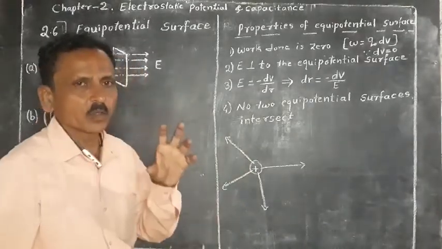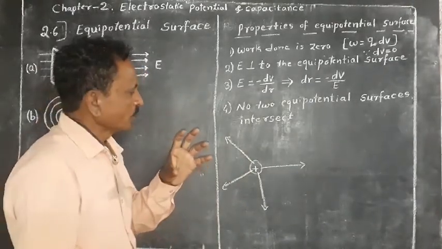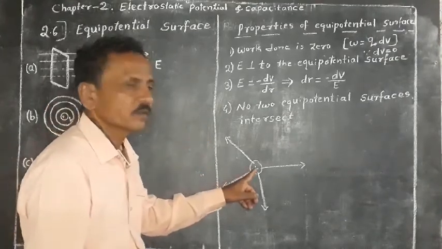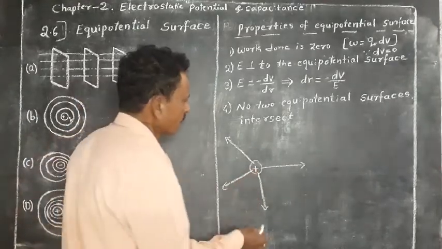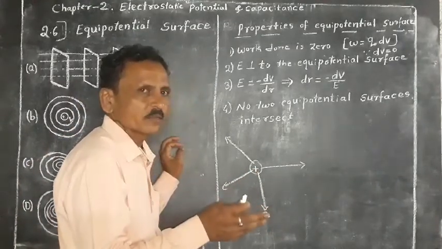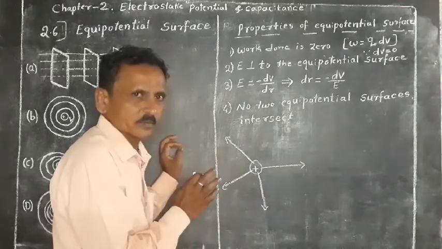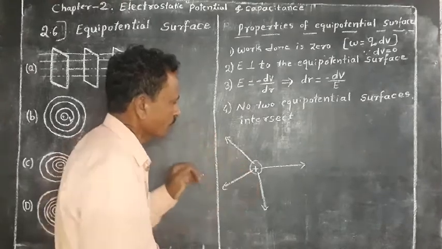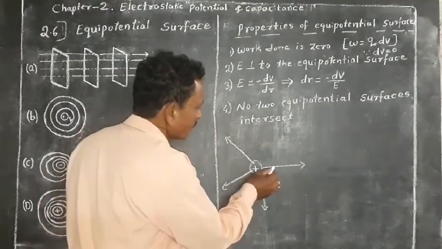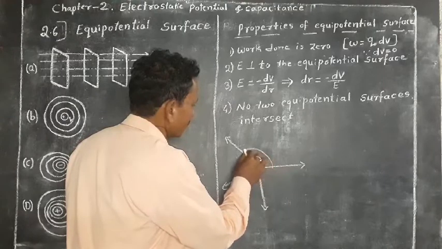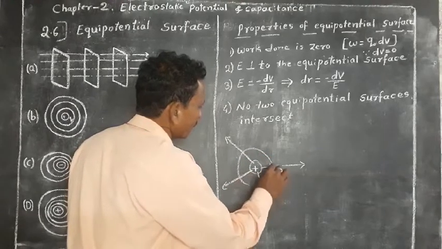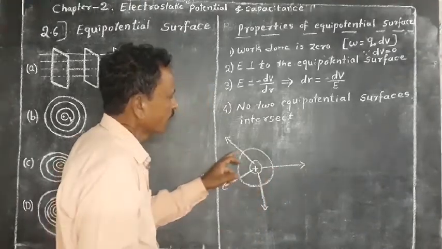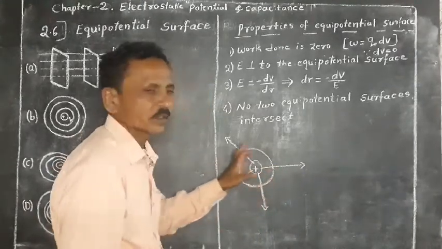And if we draw a Gaussian surface around the positive charge, the Gaussian surface is a surface enclosing the charge, and the surface is equidistant from the charge. That means we draw a circle with the charge at the center, and this represents the Gaussian surface.